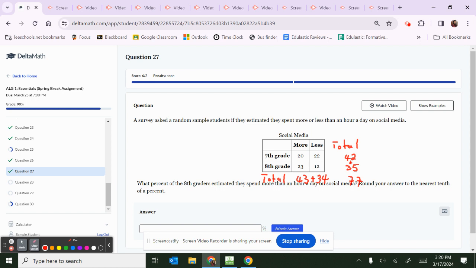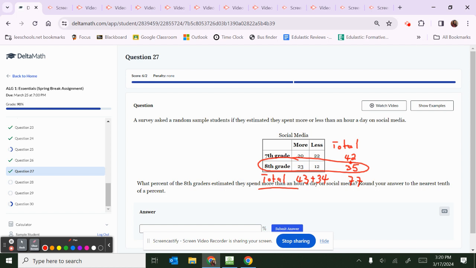So the question says, what percent of eighth graders estimated they spent more than an hour a day on social media? So we're looking at the percentage of eighth graders, so I'm focusing on this region right here. Of those eighth graders, I'm focusing on the ones that did more than an hour.